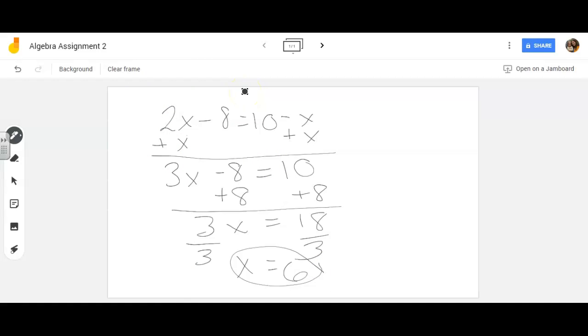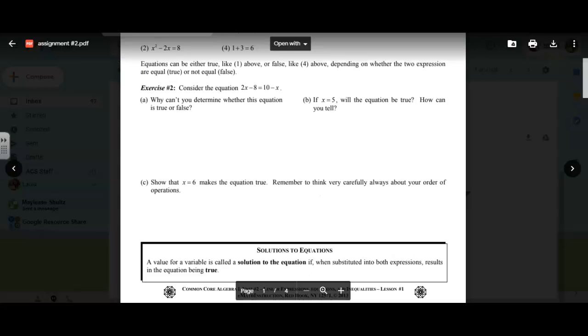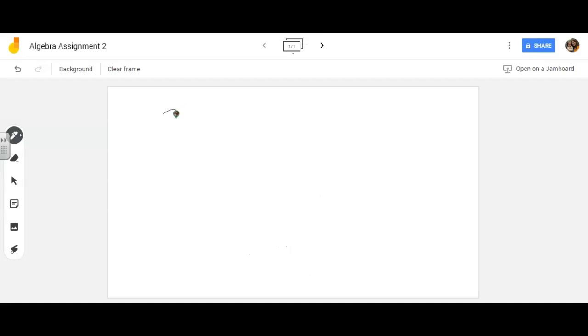Now, on the other hand, if I go ahead and erase all of this, go ahead and get my equation back. Just triple checking that's actually what the equation is.